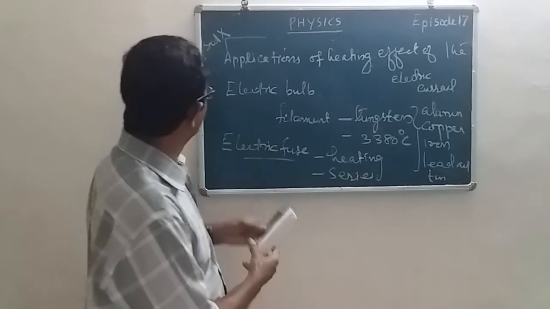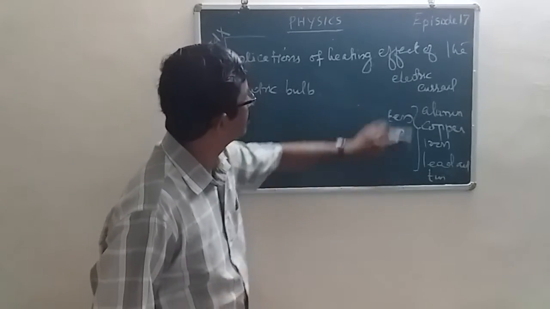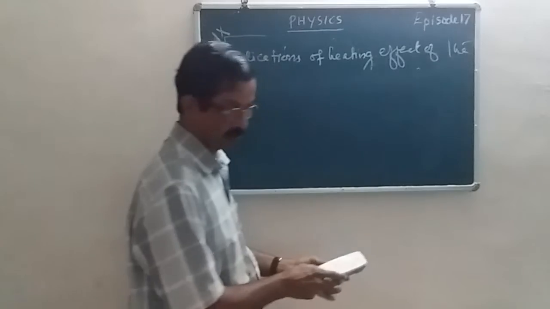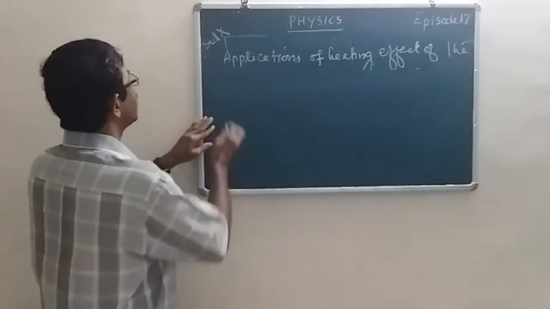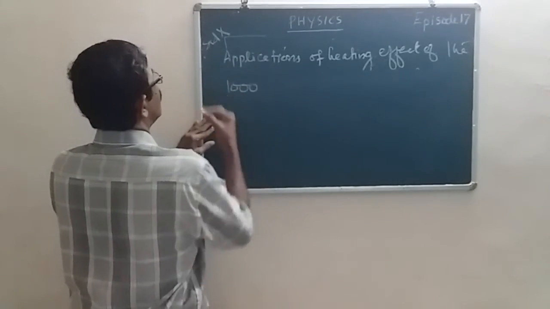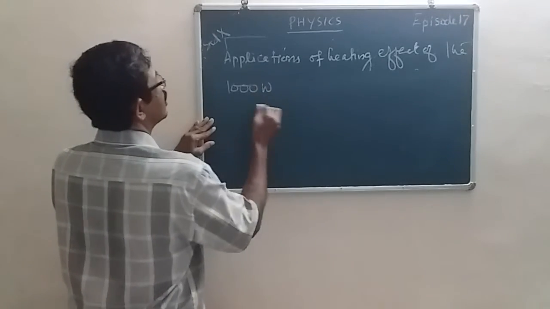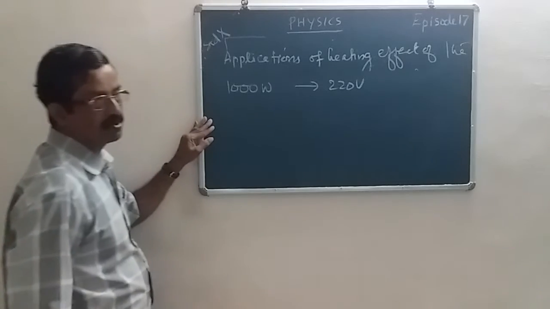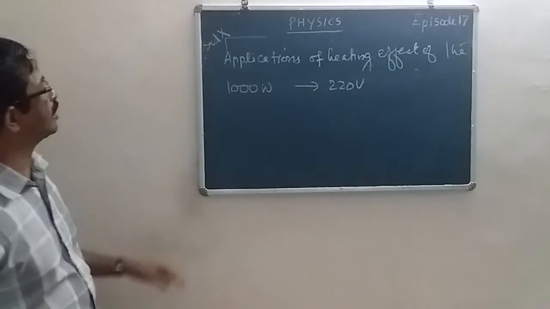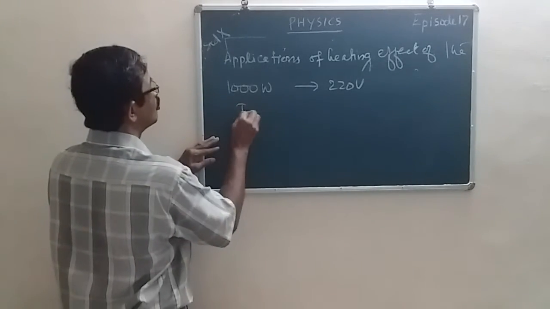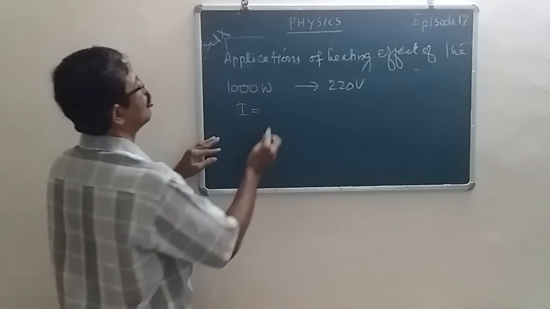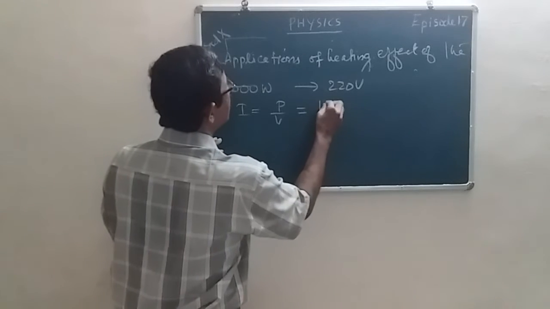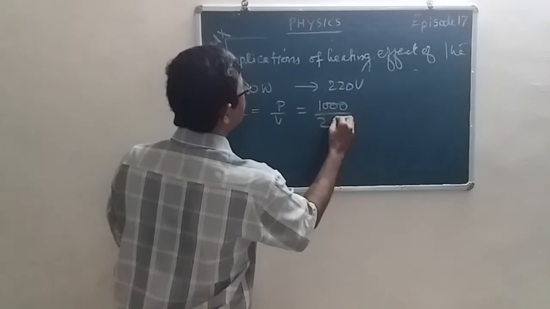Now, for example, take an electric iron of power 1000 watt in a 220 volt supply. Then the current through it, I is equal to P by V, that is 1000 divided by 220.